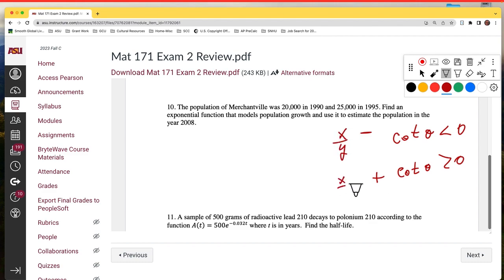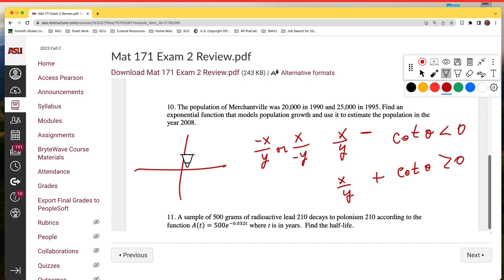Cotangent's x over y. So in order to be negative, one of them has to be negative, the other has to be positive. So it would be a quadrant where x was negative but y was positive, or where x was positive and y was negative. Where's that going to happen?